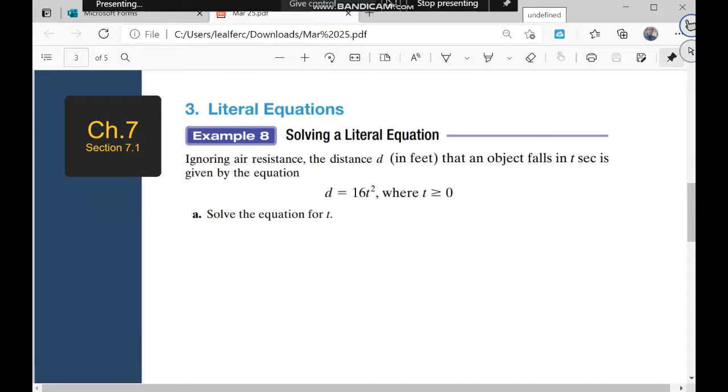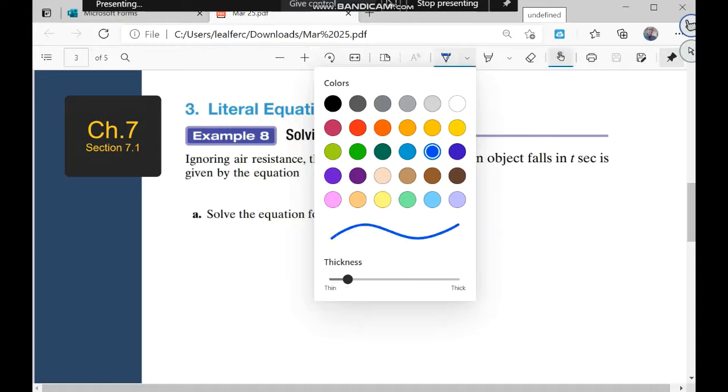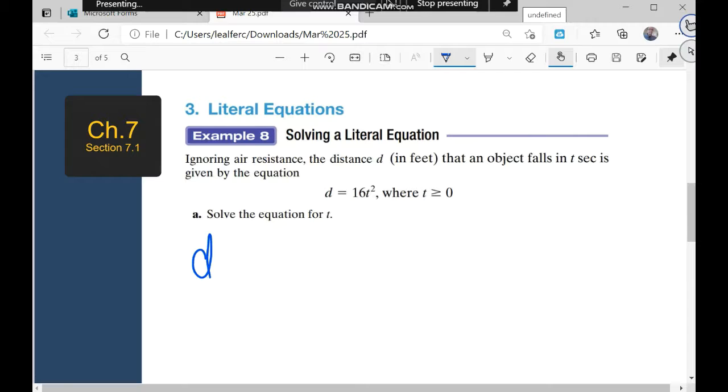To solve a linear equation, we have an example: ignoring air resistance, the formula of the distance in feet that an object falls in t seconds is given by the equation. The equation is d, the distance, equals 16 times t, the time, squared.